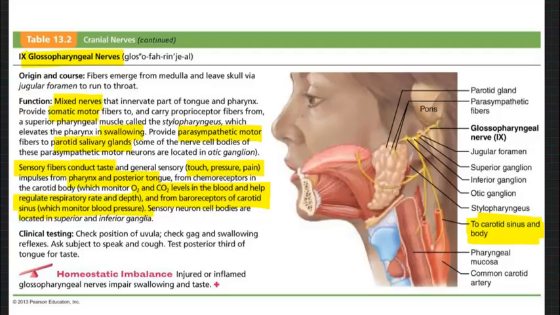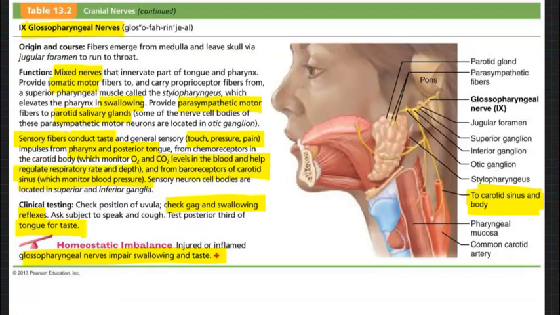And if they deviate from norm, they will change cardiac activity. For instance, if your blood pressure drops, they will send the signals that the brainstem will send the signal to the heart, like, dude, let's pump faster, you know? Okay, make sense? So, impaired swallowing and taste in case of injury, and checking gag and swallowing reflexes, posterior third of the tongue for taste.